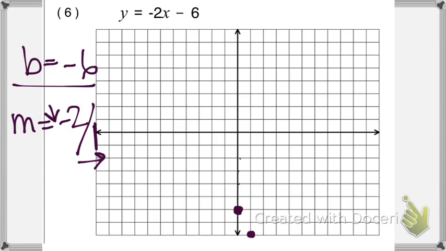And that's all we can do with that. So we need to do the opposite to get some more points on here. So we're going to go the other direction and get some more solutions on here. And there they are. That's using slope and y-intercept to graph solutions.